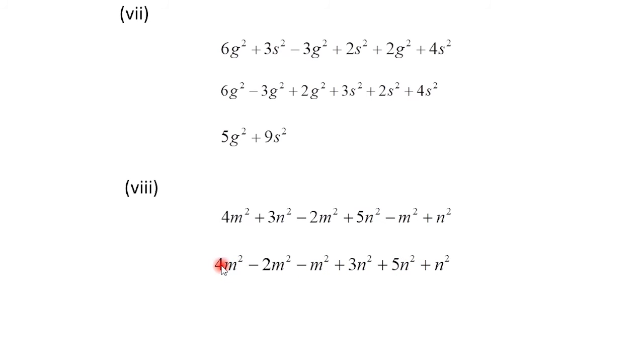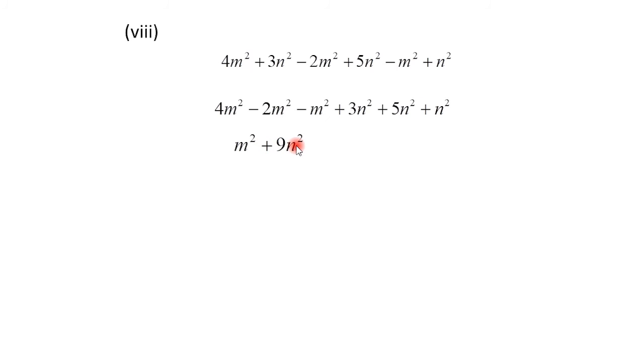And now if you deal with the m squared first, you go 4 minus 2 is 2 minus 1, you're left with m squared. 3n squared plus 5n squared plus 1n squared gives you 9n squared. And there you are. Guys, m squared plus 9n squared is the answer of simplification of this.